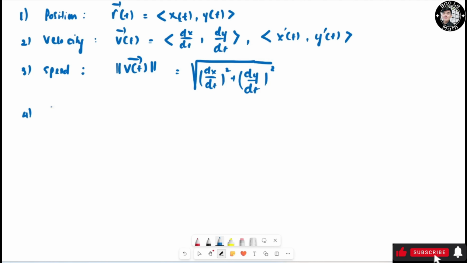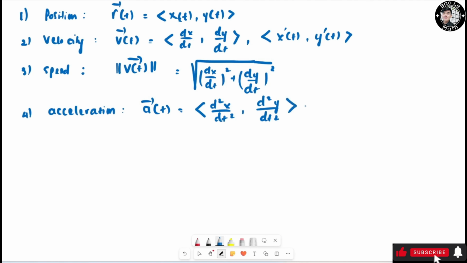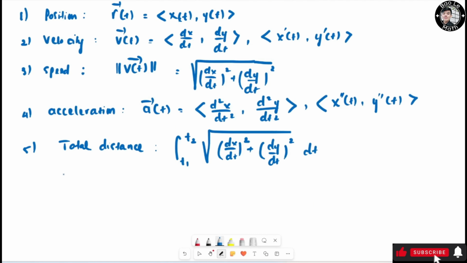Number four, the acceleration vector. a of t is the second derivative of the position, or sometimes written as x double prime of t, y double prime of t. Five, the total distance traveled by the position vector is also the arc length of a parametric curve. Number six, the magnitude of the displacement of the object over the time interval t1 to t2.